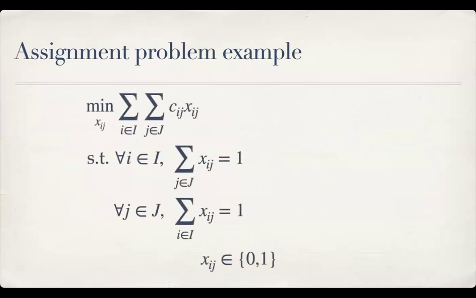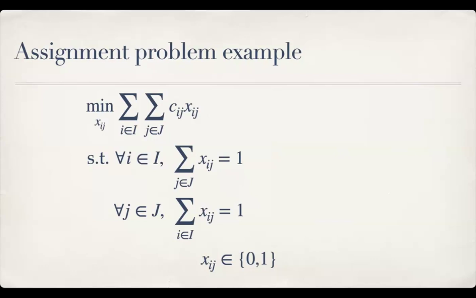So the optimization problem becomes: minimize the summation by row and by column of Cij, Xij. The decision variable is Xij, a 4 by 4 matrix, and it must be binary, taking only 0 or 1. Subject to, we have conditions for this.